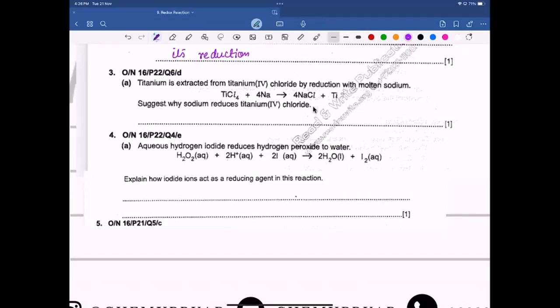Basically, sodium is taking the place of titanium, right? So who can take the place of the other, the one which is more reactive, right? And that's what we have discussed in the reactivity series as well. The ones on the top are the most reactive, and they can displace the elements from their compounds which are below in the reactivity series.